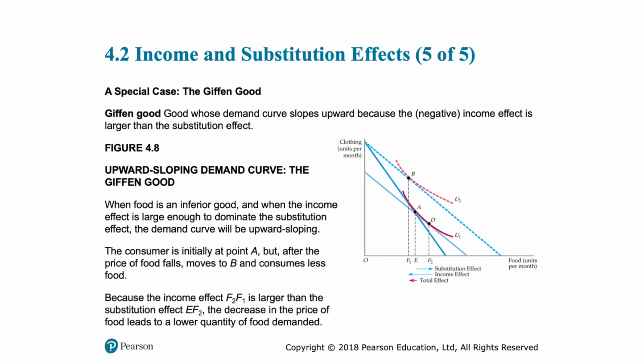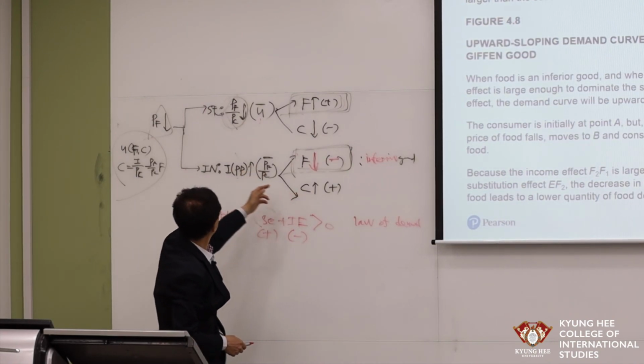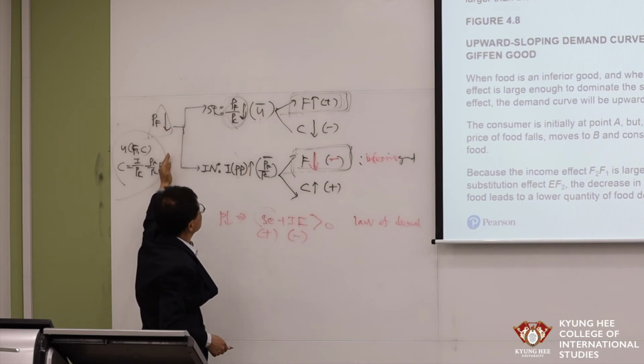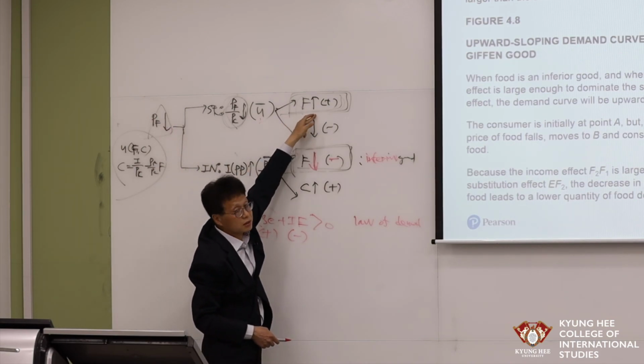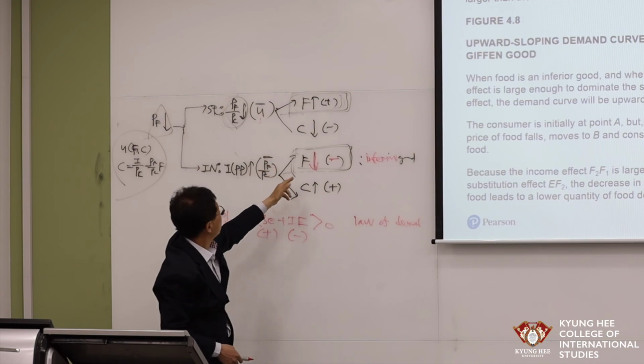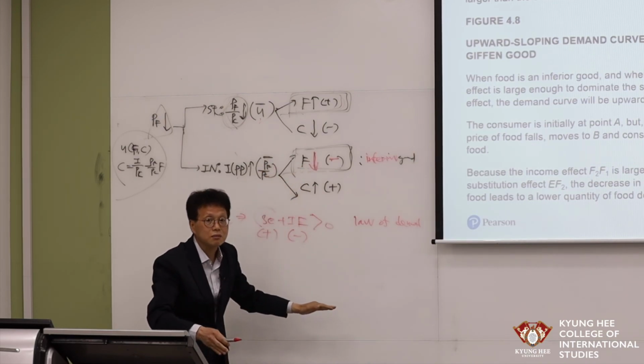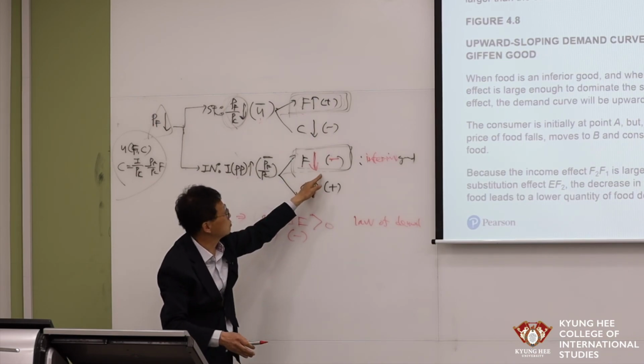Now, figure 4.8, Giffen good. I'd like to explain the Giffen good. What is a Giffen good? Same as figure 4.7: price decreases, and the substitution effect is positive, right? But the income effect is negative, same as this one.